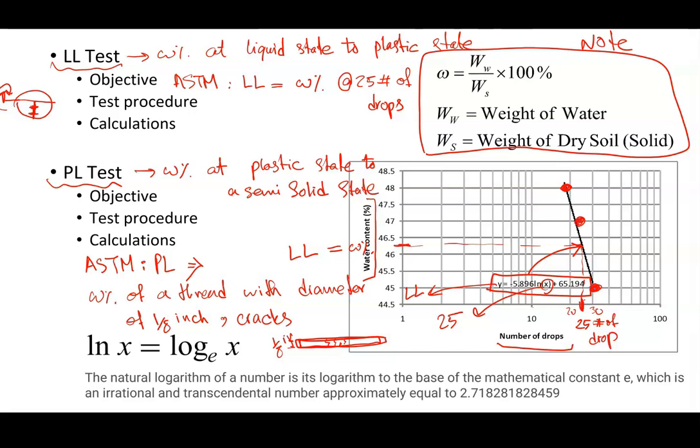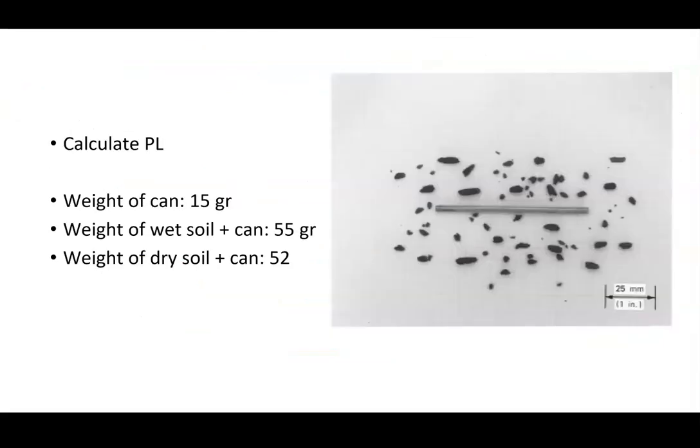In order to calculate moisture content, we use a small can. So we get an empty can. We measure the weight of the can when it's empty. So the weight of the empty can is 15 grams.